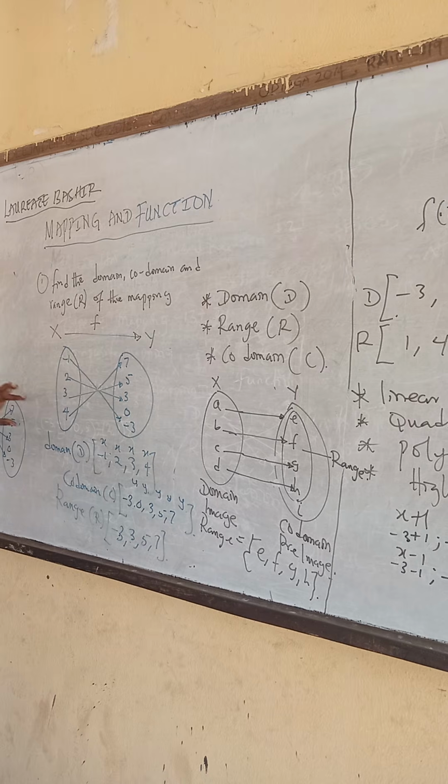So how do you represent between your domain and range? Each value you must write in ascending order, so that the first one will be mapped to the first, the second one to the second. Then all other values that you see in the codomain that are not in the range, just write them in your map of Y. That's all. So the next thing we'll be talking about is types of mapping.